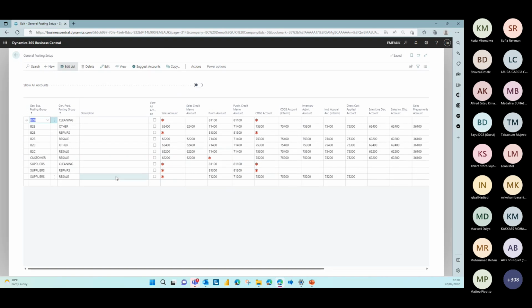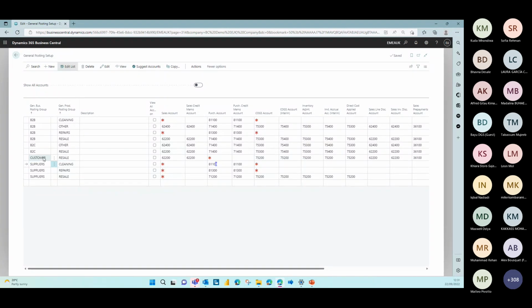Now, how I've done this in the past, to make it more understandable for some customers, is I'll say, this is just for suppliers, and for suppliers, I will fill in only the purchases side.